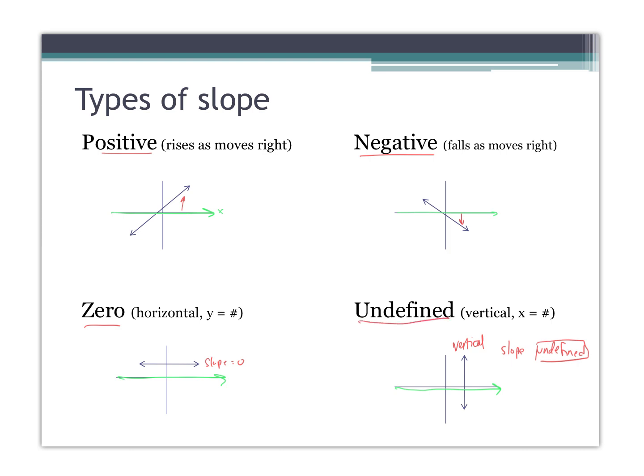So my slope can be a positive number, a negative number, a zero slope, which means no rise, only run, okay? Basically no change in y, only changes in x, and then undefined, which means rise and no run, no change in x. And again, we'll talk about why it would be undefined.